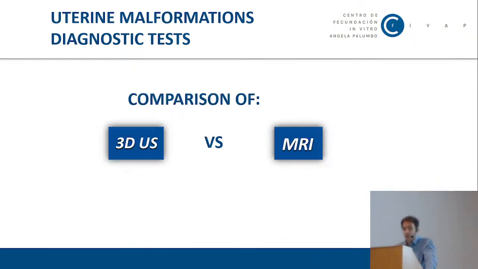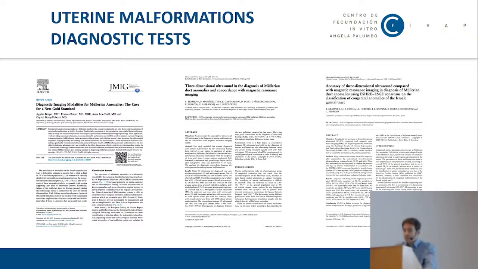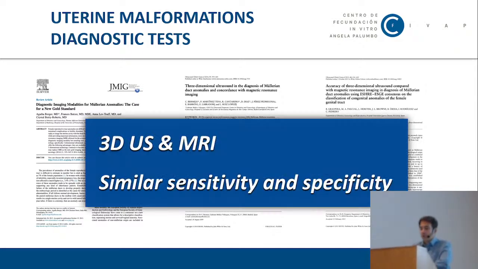If we compare 3D ultrasound with MRI, we have these three studies that conclude that 3D ultrasound and MRI have very similar sensitivity and specificity for the diagnosis of uterine malformations.